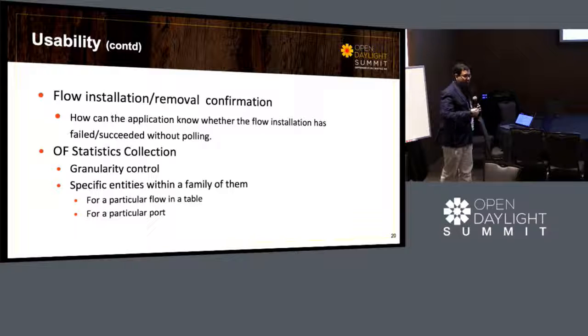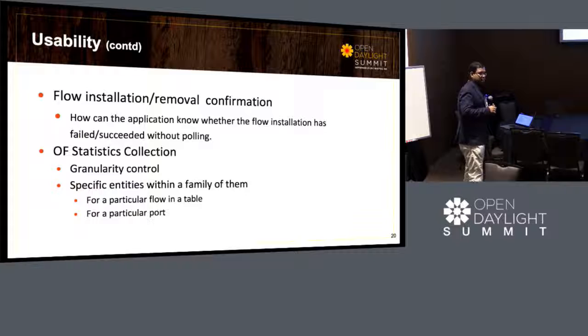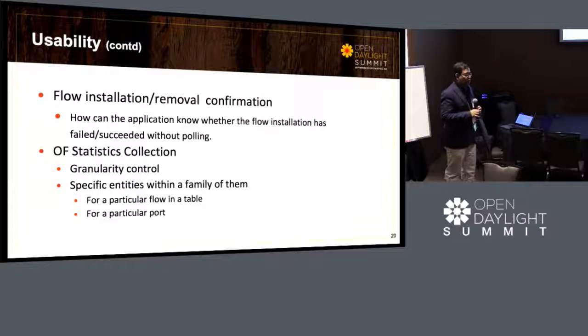The app can choose to poll it. What I think is the application still has to register for the operational inventory to know if it is done. With stats off, it will be populated by statistics collection, but as an application, you still have to check the operational details to know whether the flow has been installed or not.